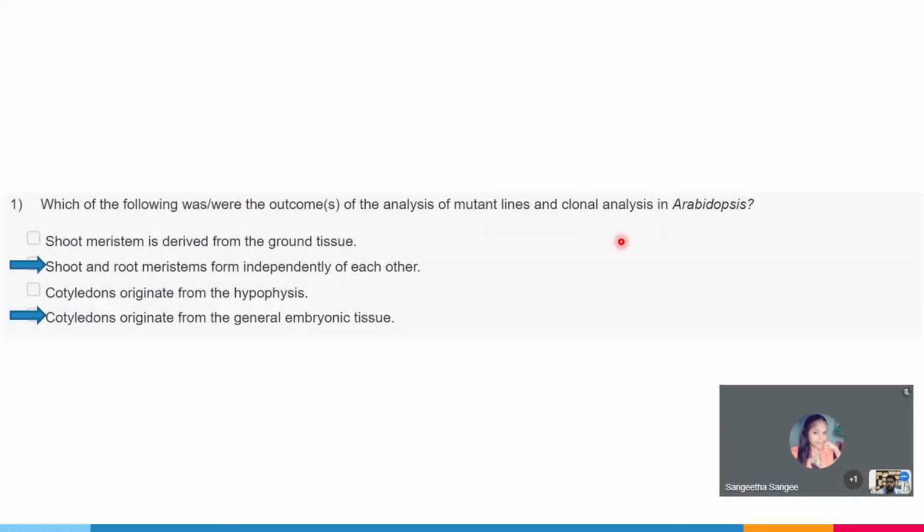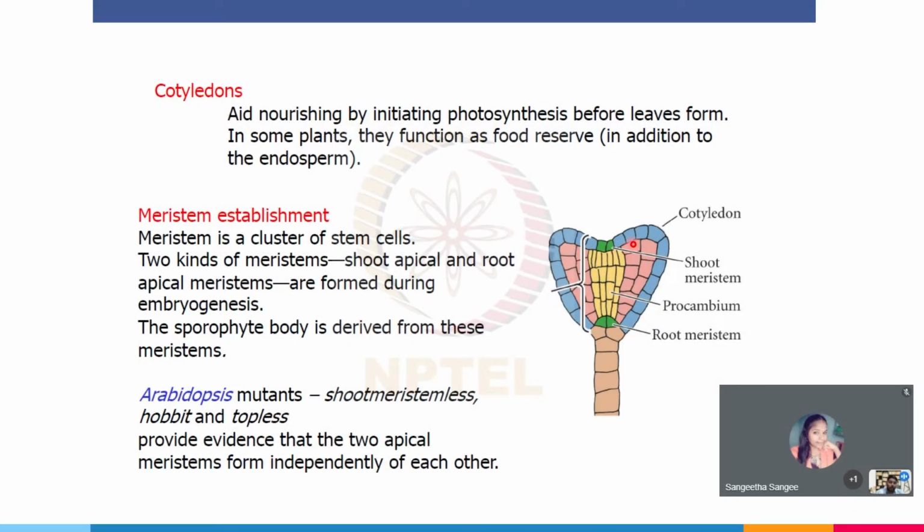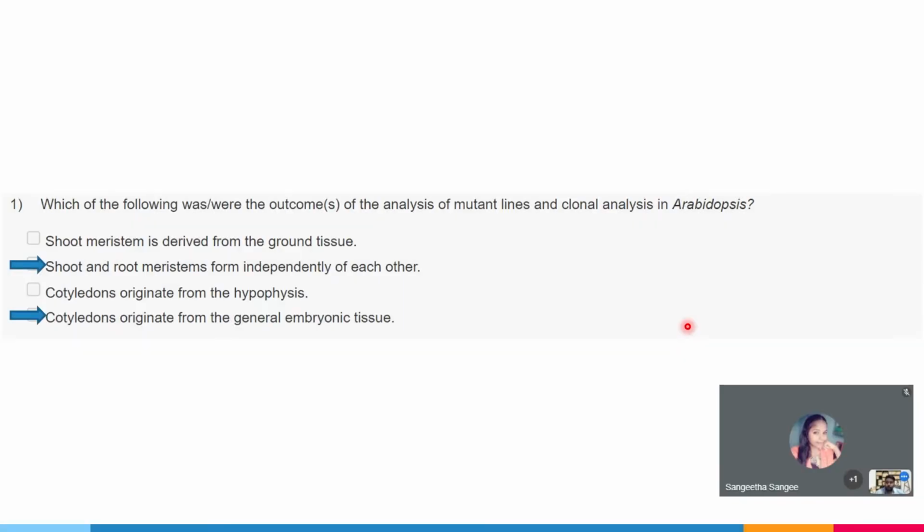And thus, the options out of the four that are correct are: shoot and root meristems are formed independently of each other, and cotyledons generate from general embryonic tissue and not just the outer part of it. So this entire structure is cotyledon. So that is that. If anyone does not have any questions, we can move on.